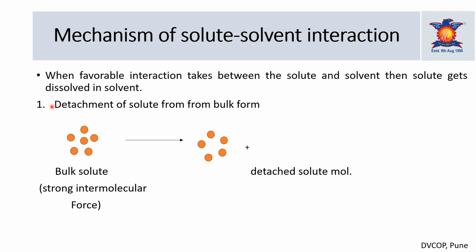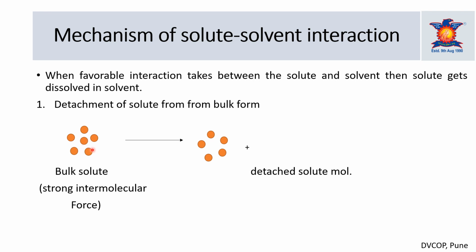So this is the solute, in which every molecule or atom is bound by strong intermolecular forces, and these forces may be cohesive forces. In the first step, these particles detach from each other.